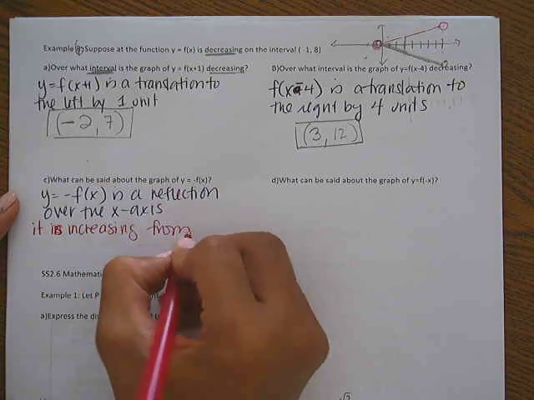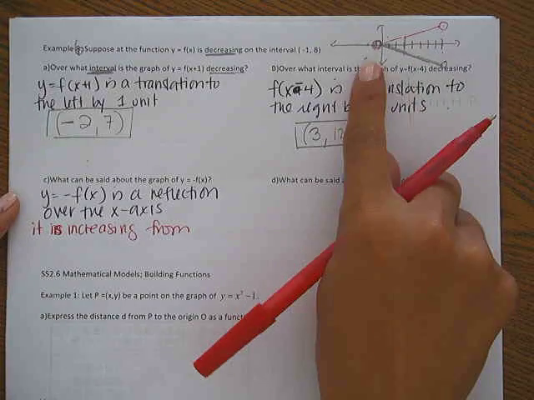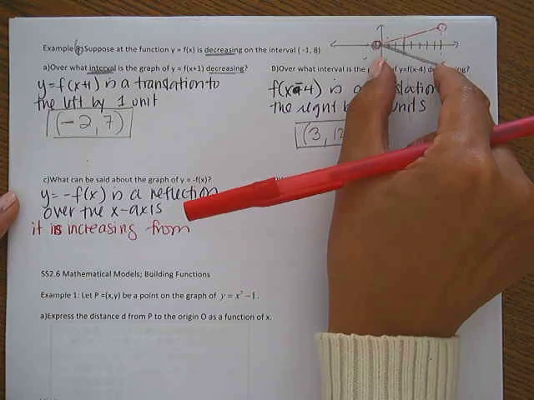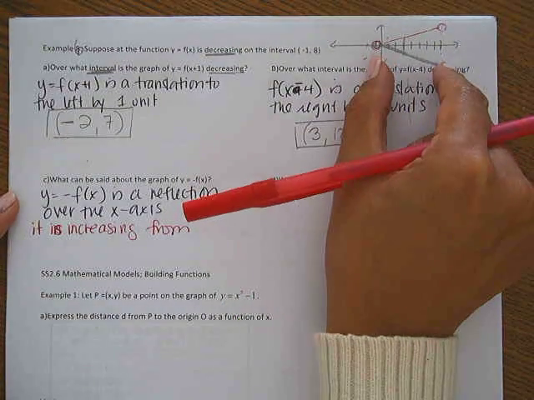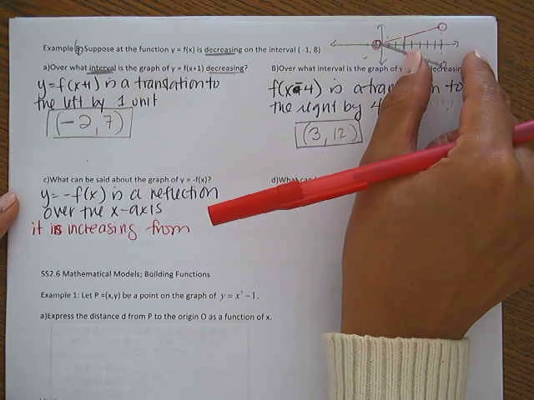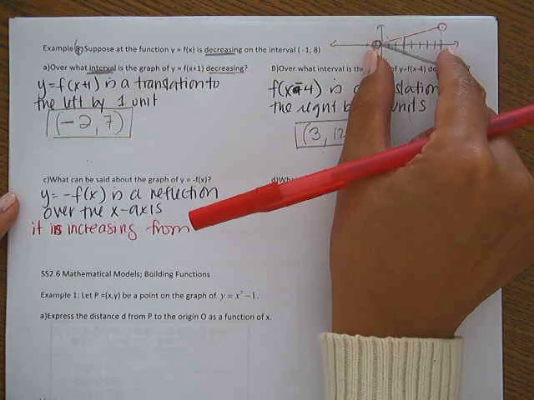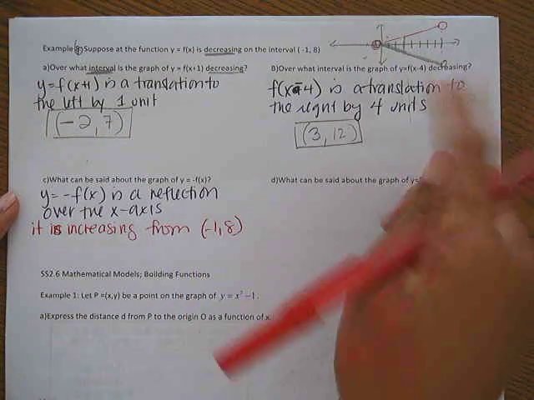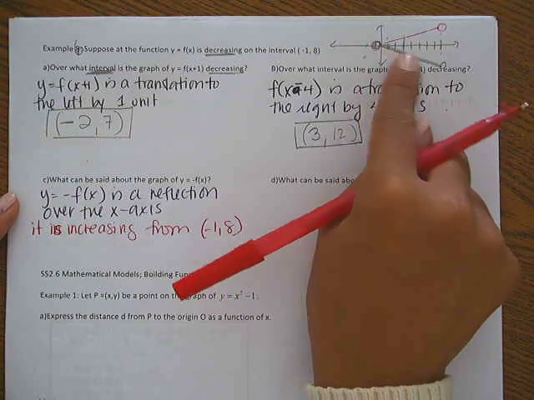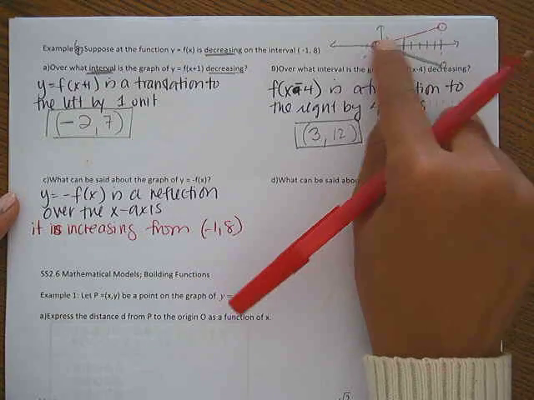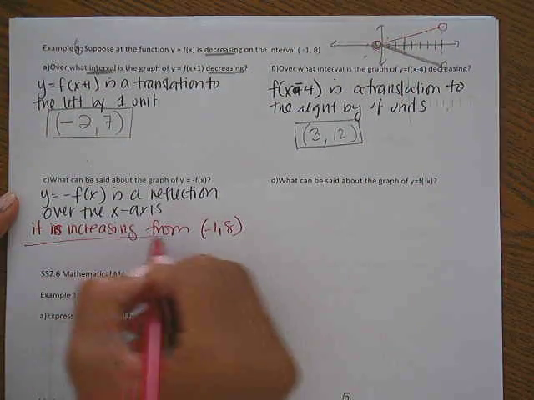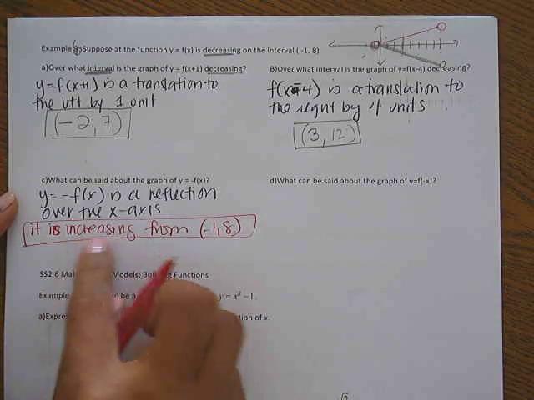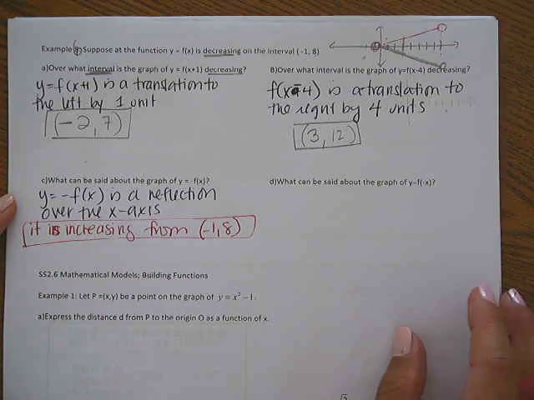Is it changing in terms of the interval? Is it still from -1 to +8, or did that interval move? The interval stays the same, so from -1 to 8. The only difference is instead of decreasing, it is now an increasing function. And we have to spell that out: increasing from -1 to 8.